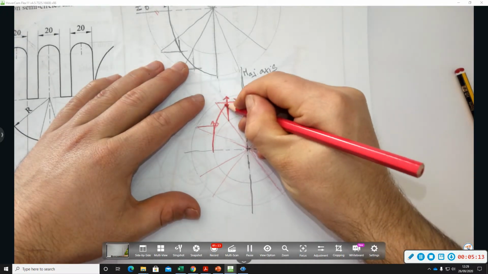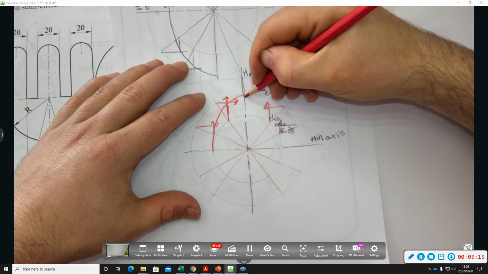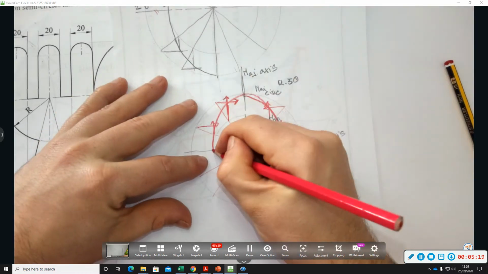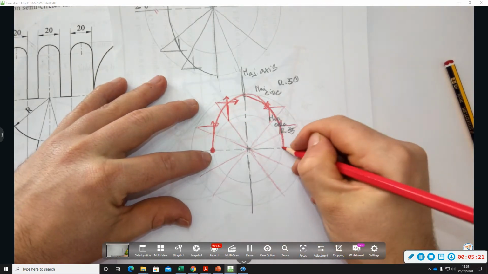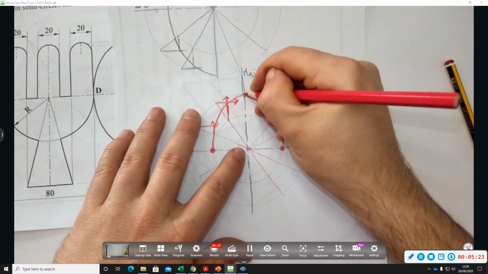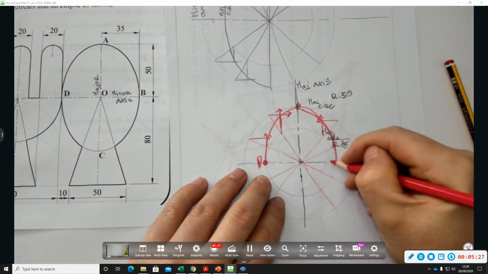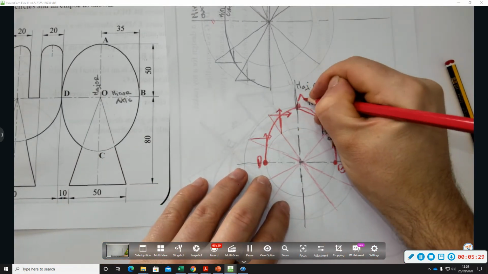We get half the ellipse here. So two points on the minor circle are vertices. That's point D, that's point B, that's point A.